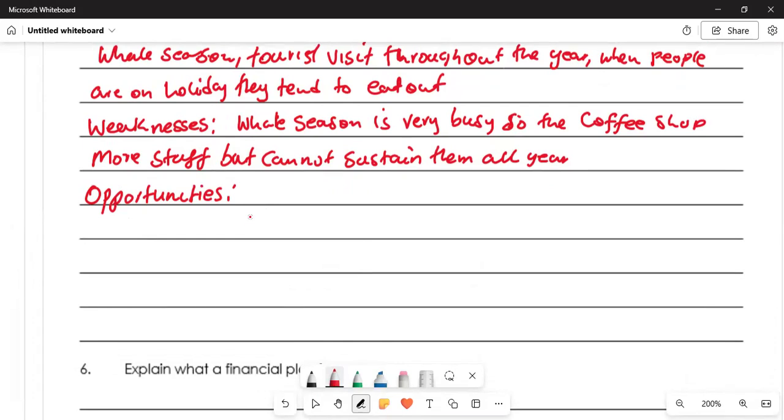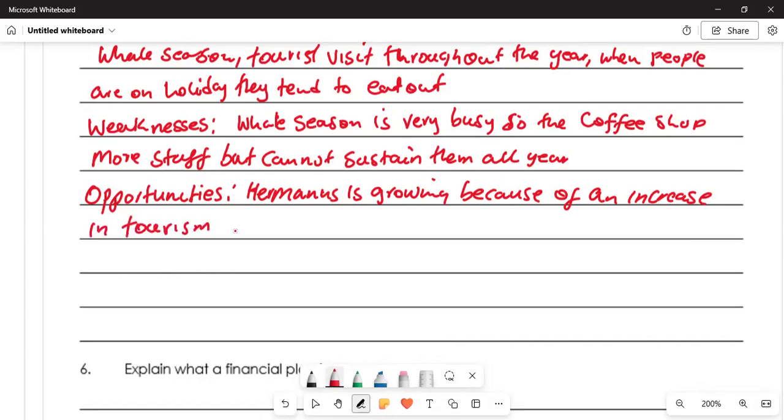We have been told that the Hermanus area is growing because of an increase in tourism.